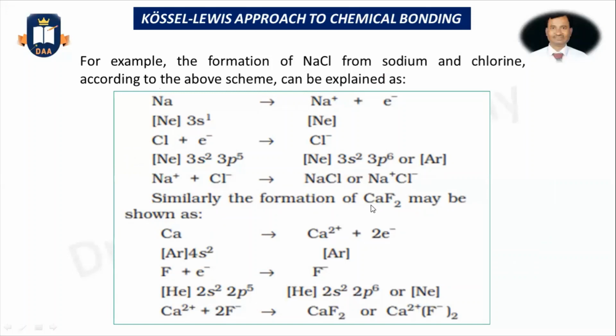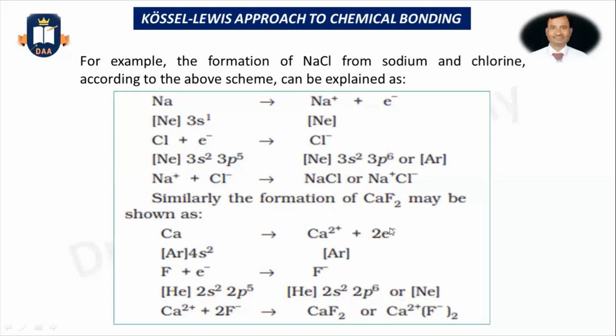Similarly, the formation of CaF2, in that case, 2 fluorine atoms. Calcium's outer shell configuration is 4s2, that means 2 electrons are there. By releasing these 2 electrons to get the argon electronic configuration, it will form the Ca2+ cation.